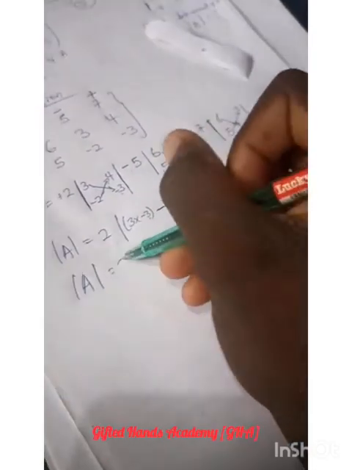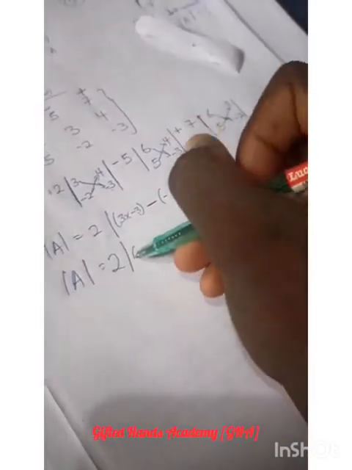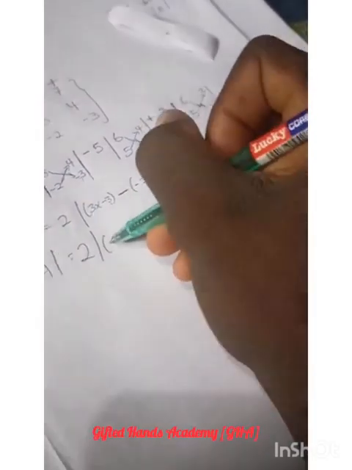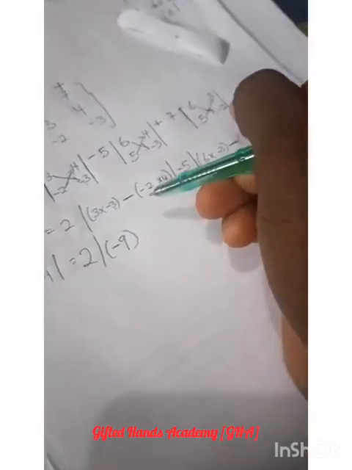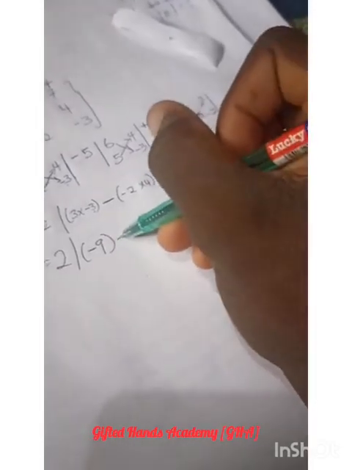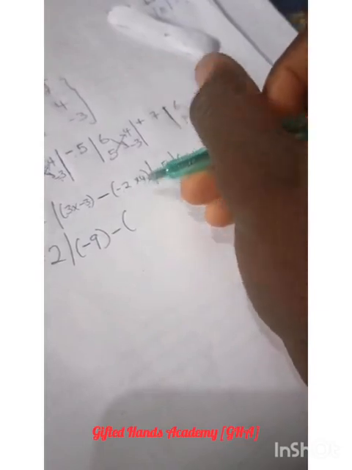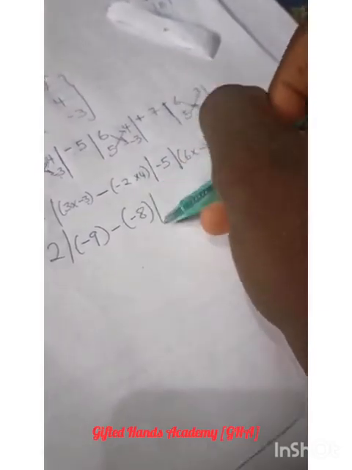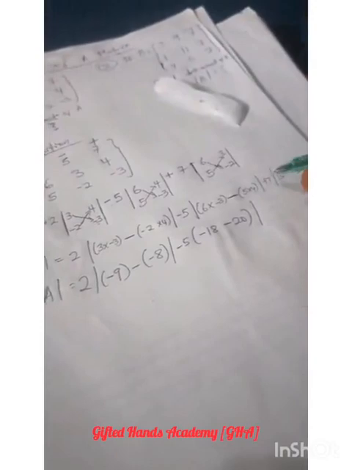We have 2 into bracket 3 times minus 3 gives us minus 9. I told us we should be careful of the sign. Then this is the minus sign. Then minus 2 times 4 is minus 8. We are done with that. Then minus 5 into bracket 6 times minus 3 is minus 18. Then minus 5 times 4 is 20. We are done with that as well.